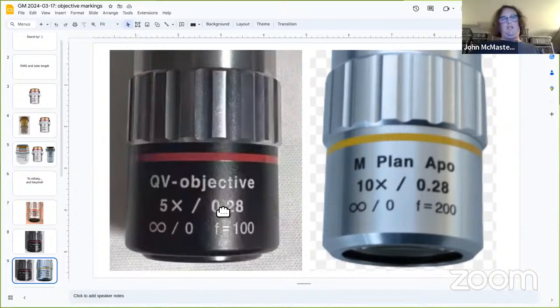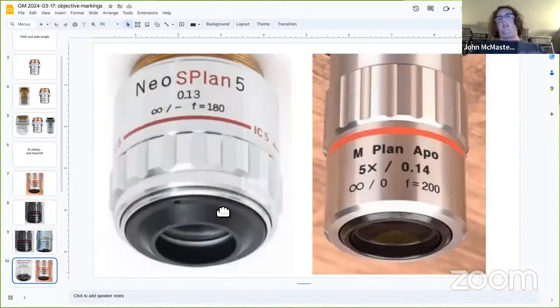Cool. Okay, so if all that makes sense, let's take a look at another example with that in mind. One tricky thing here is that you'll also get some kind of random markings you have to be a little bit careful with. So this Olympus 5x objective, for example, on the left, you see this is f equals 180 and this is f equals 200.